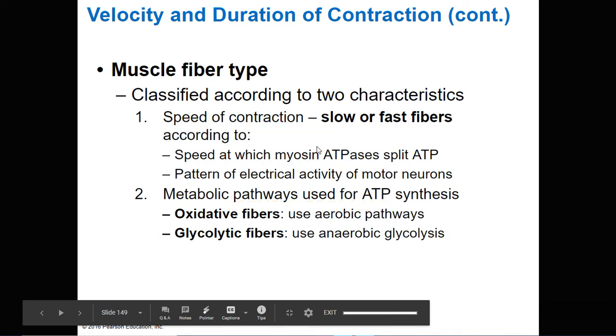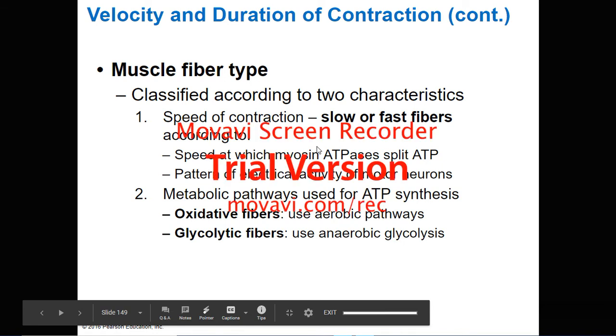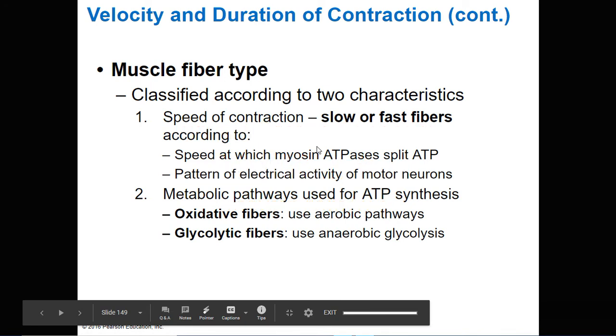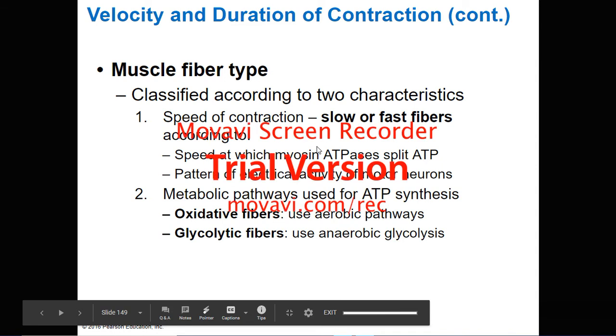So remember, when a sarcomere is contracting, the myosin head is bound, coupled to the actin. And essentially it stays, and it's going to make the actin filament slide, but it stays attached to the actin filament until ATP binds back to the myosin head, which causes decoupling.